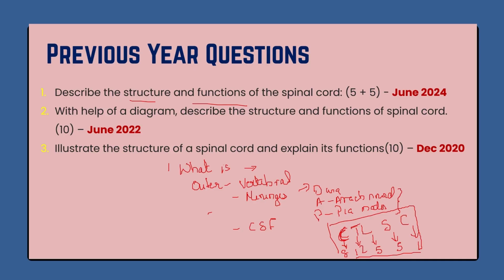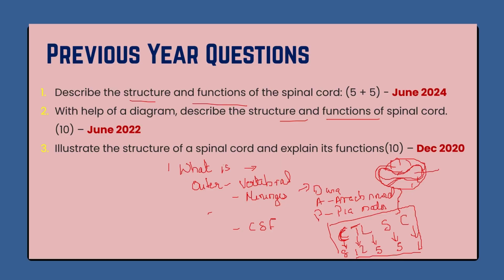All right. Then in June 2022, it came with the help of a diagram: describe the structure and functions of the spinal cord. So when you're asked to draw with a diagram, you can just draw a crude diagram, the easier one with a butterfly shape in the middle. I'm not a good drawer, you can draw it yourself.